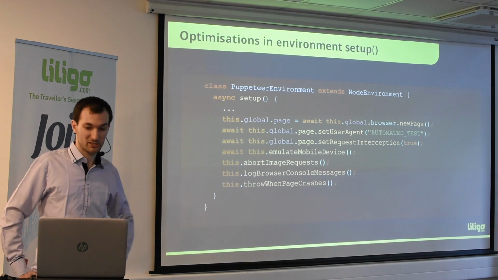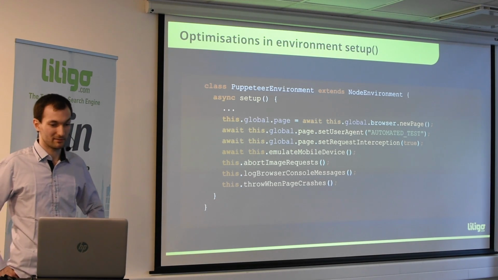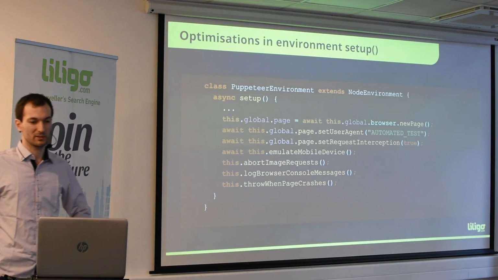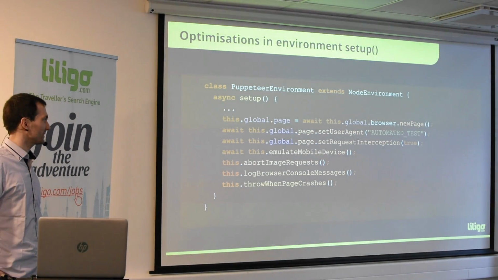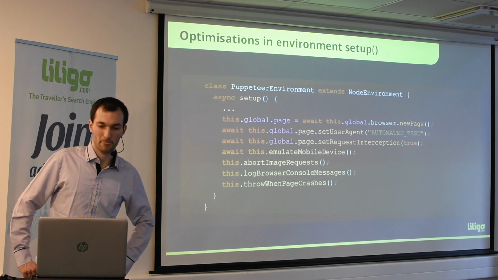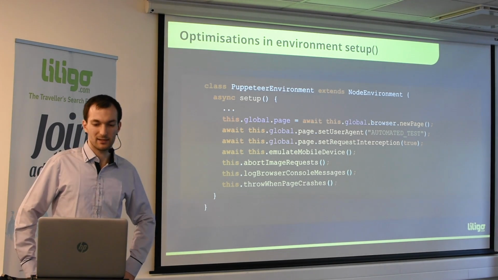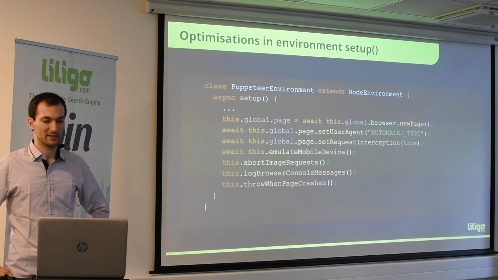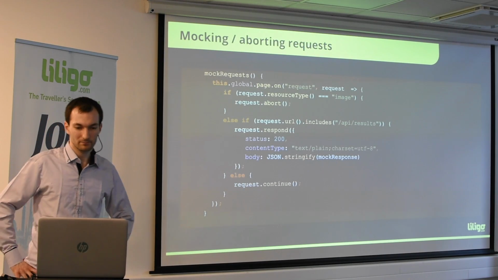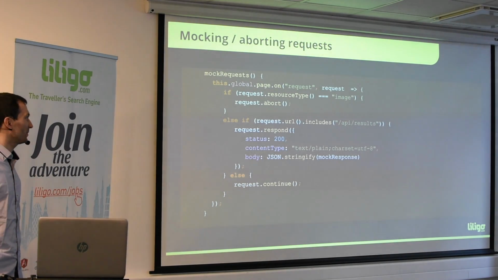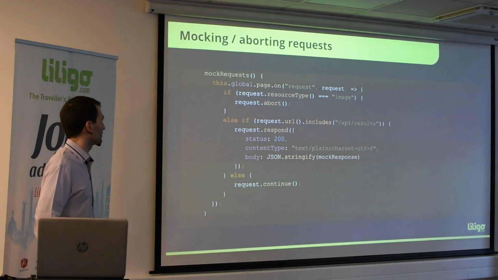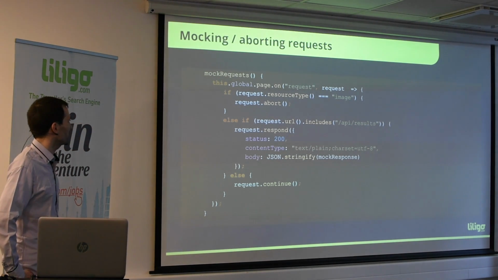Here are some of the optimizations that you can do and are rather easy doing with Puppeteer. You can emulate any mobile device, abort requests that load resources that are not necessary for an end-to-end test, and then transfer any console logs or errors from the browser to the terminal. Here's what mocking looks like. In Puppeteer, I'm just listening to the request event, and if the request is for an image, I'm just going to abort it.